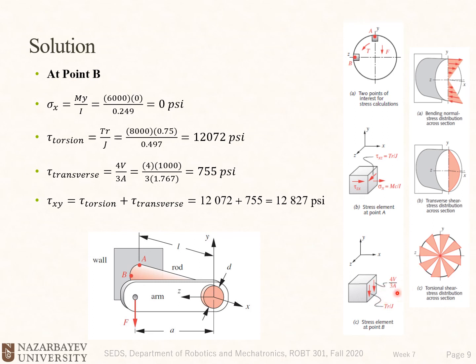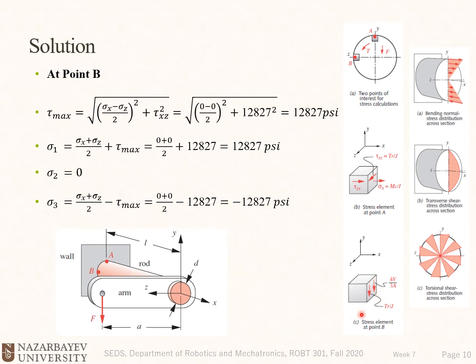One is 4V divided by 3A, the other one is TR divided by J, and these two shear stresses should be added, and now we have tau xz. Or we could say that point B is in pure torsion.